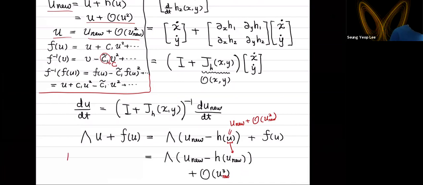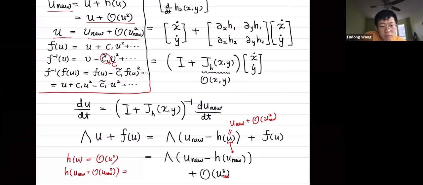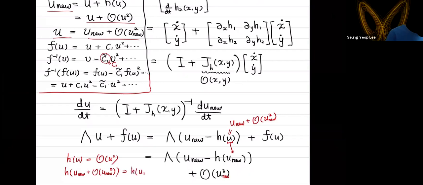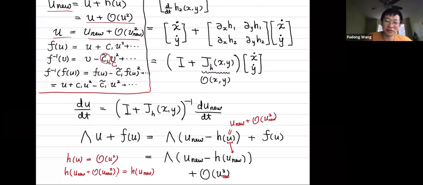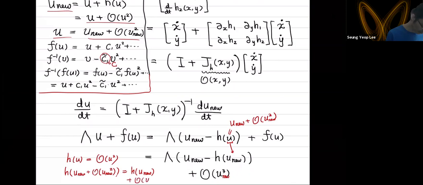So h of u is already higher order, and therefore h of u nu plus something big O squared will be h of u nu plus big O of u nu cubic, plus something higher order.